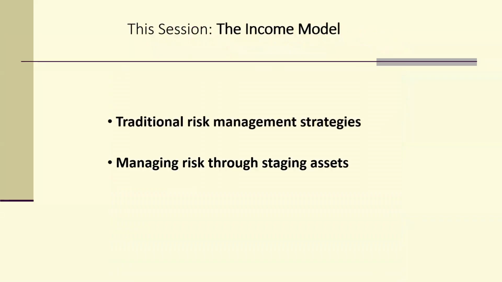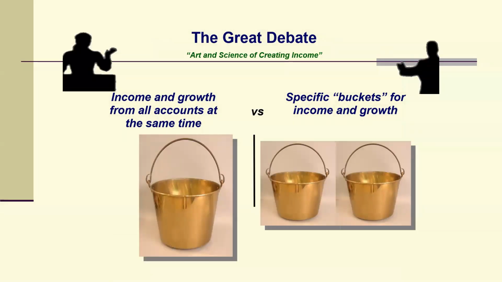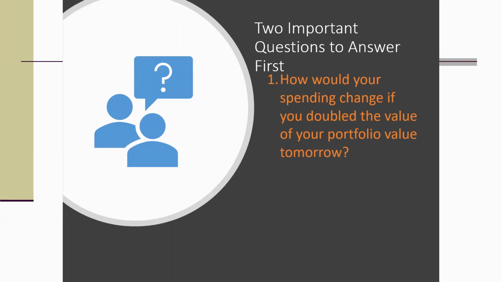Again, we talked about traditional strategies. We talked about this different approach here of staging your money for different periods of time for specific purposes. And we're talking about the approach on the right here. If you were to enjoy 100% return today on your money, let's say that you have $100,000 and tomorrow it's worth $200,000, how would your spending change if that money doubled in value?